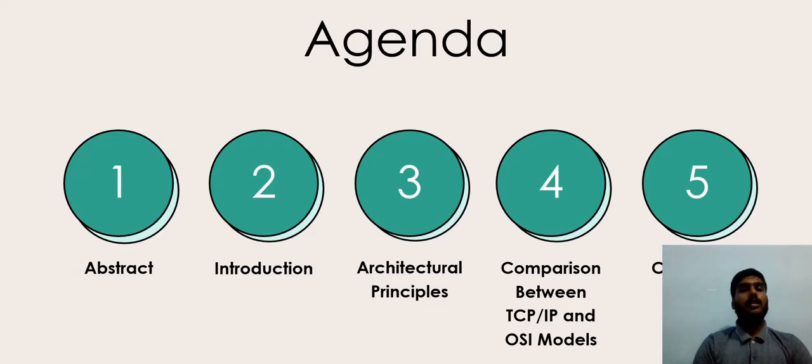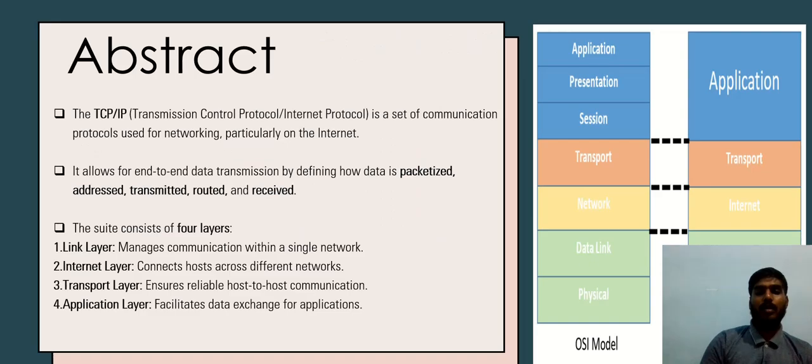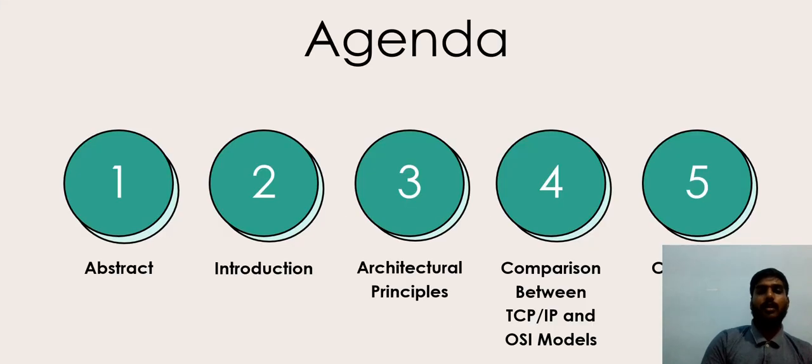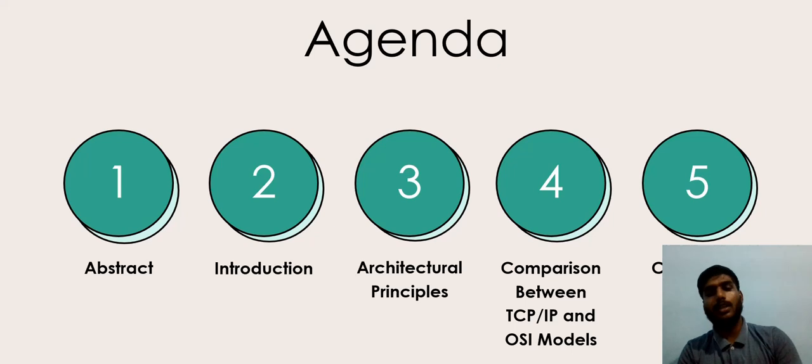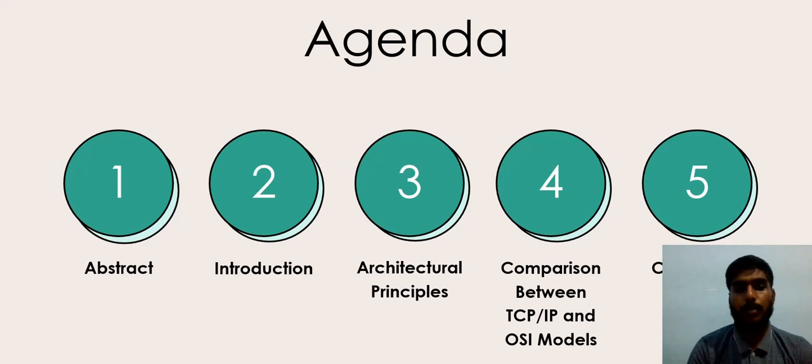Let us look at the agenda. Before going through this entire PPT, we're going to cover the table of contents, which is the agenda. First the abstract, then the introduction, then architectural principles, then a comparison between the TCP/IP and OSI models, and at last the conclusions.